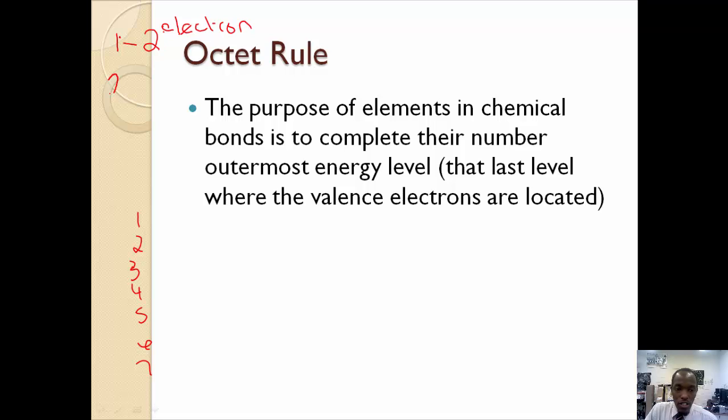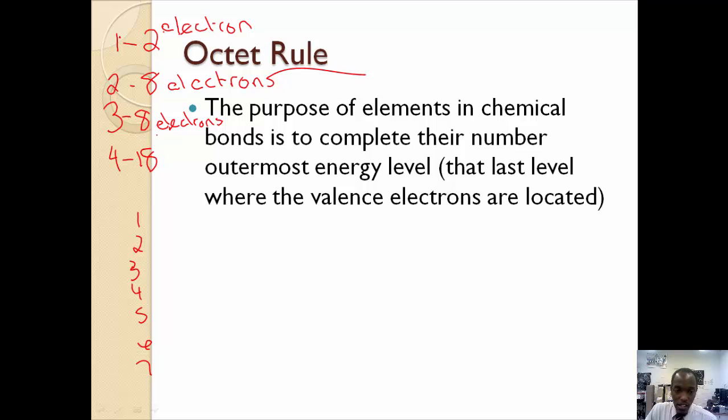Those on the second energy level have 8 electrons total. That's the maximum for their energy level. The third level also is 8 electrons, and they want to complete their energy level as well. The fourth level is 18.